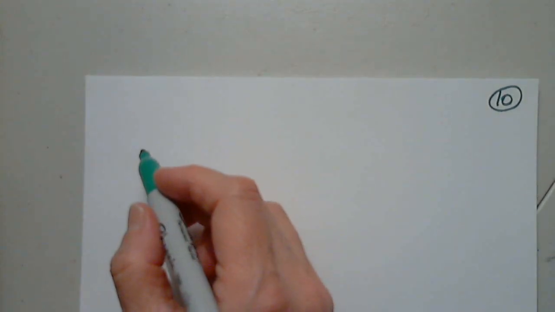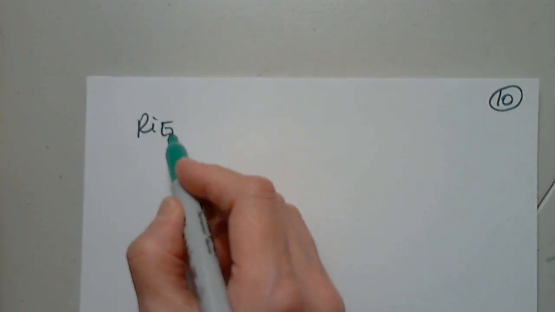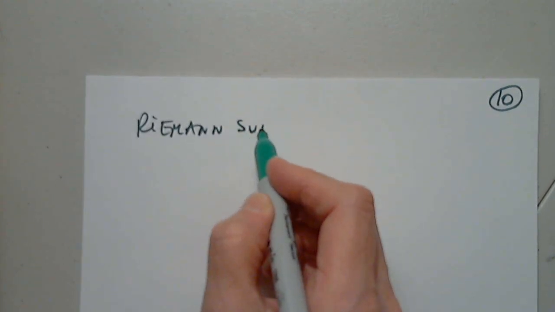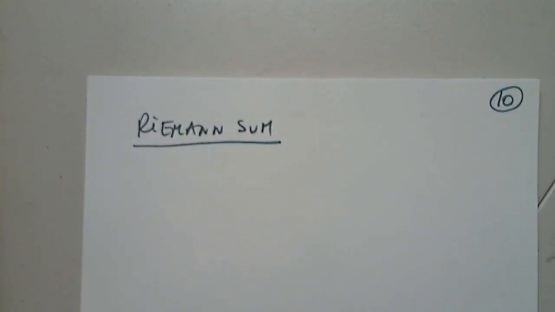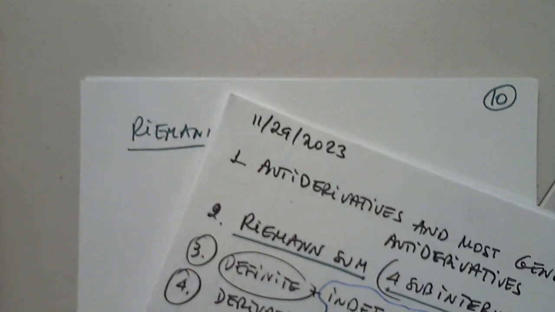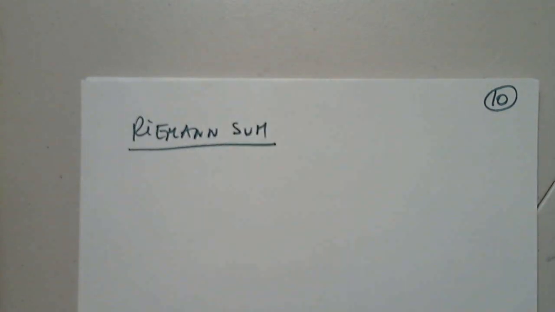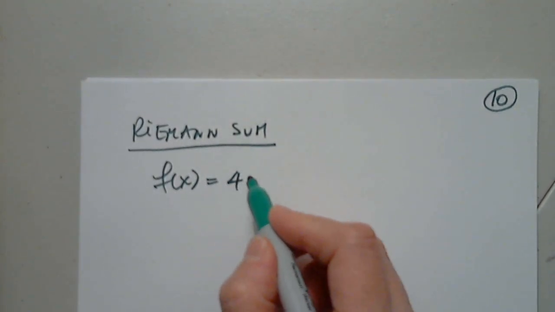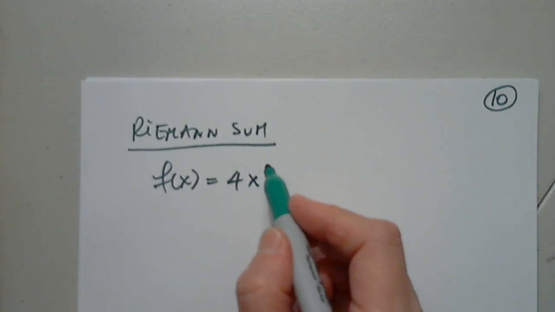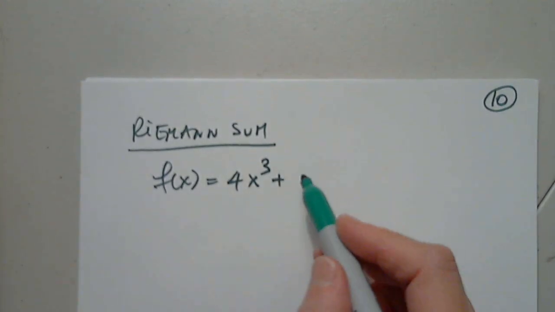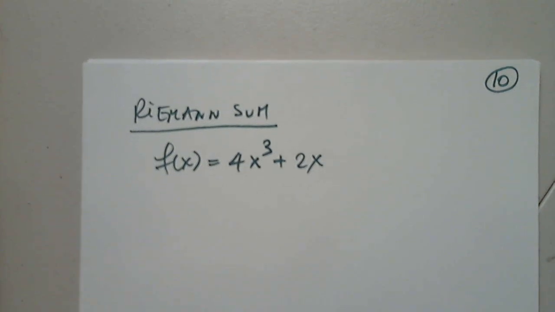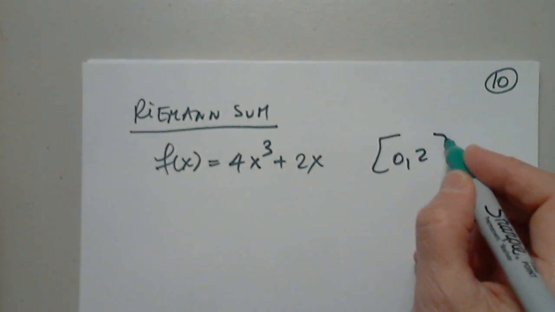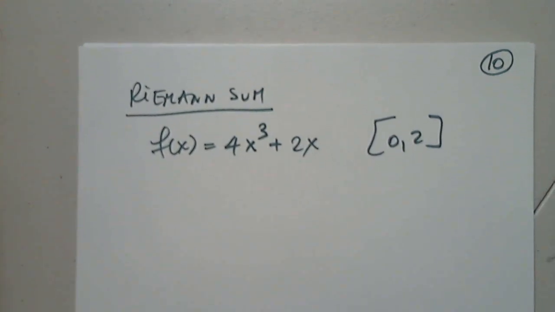So we want to illustrate the Riemann sum. Okay, so we're working on this. Here's a simple function, f of x, 4x to the third plus 2x, and the interval is 0, 2. We have 3 preps.